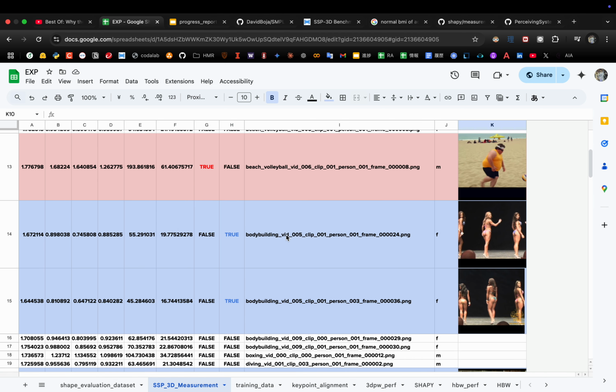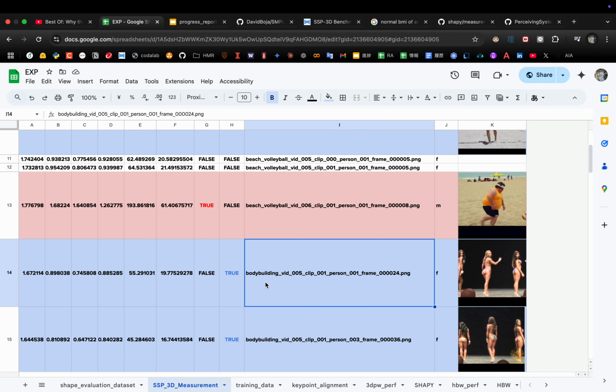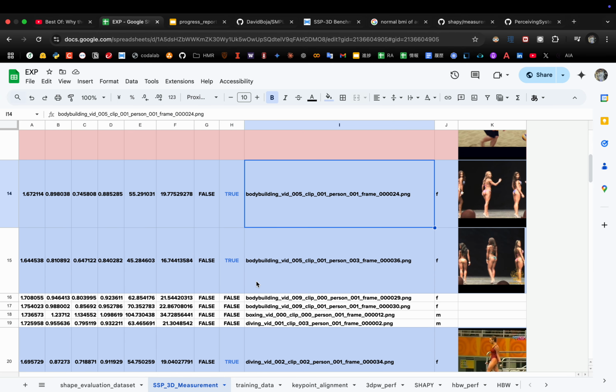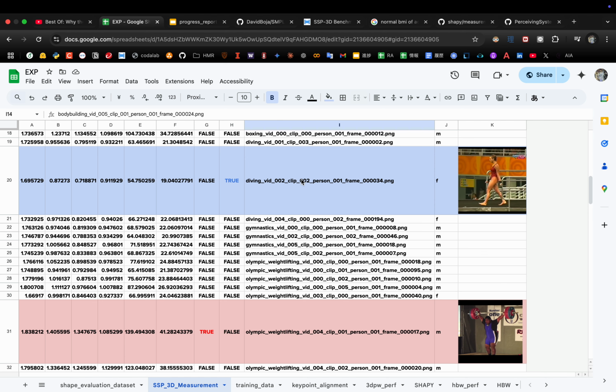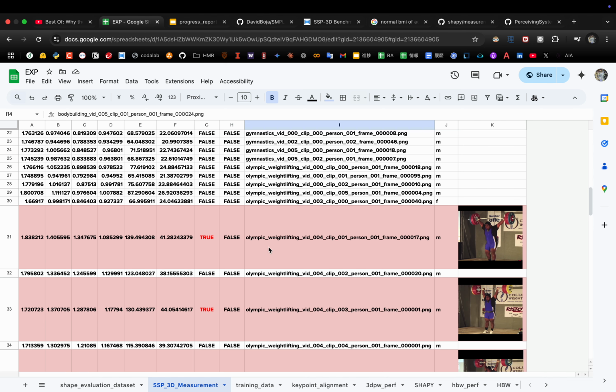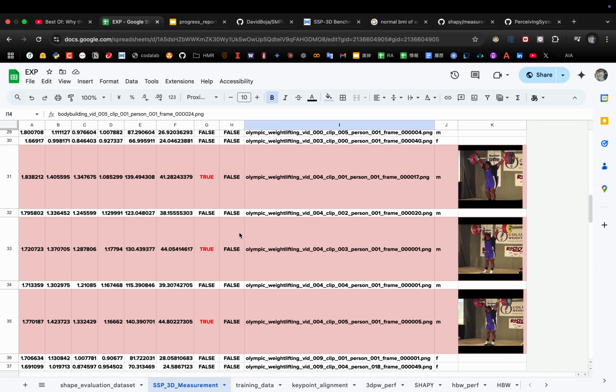For example, bodybuilders tend to have a smaller BMI here, and divers also have a smaller BMI, while Olympic weightlifters do have a higher BMI.